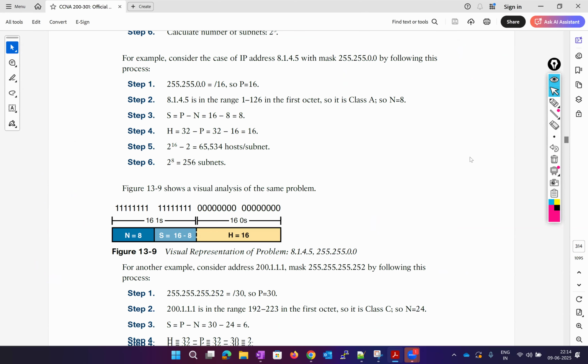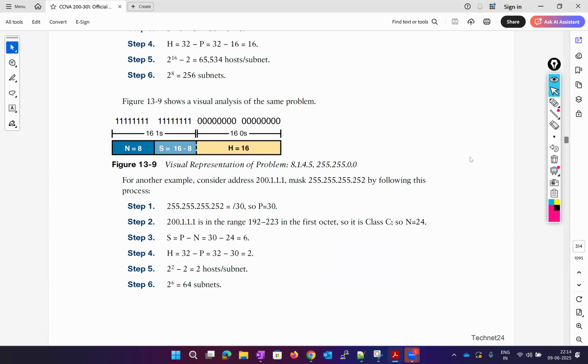So let's move on to the next part over here. It says 200.1.1.1. The address mask is 255.255.255.252. So with this, we already know 255 is 8 ones, 255 is again 8, 255 is again 8.